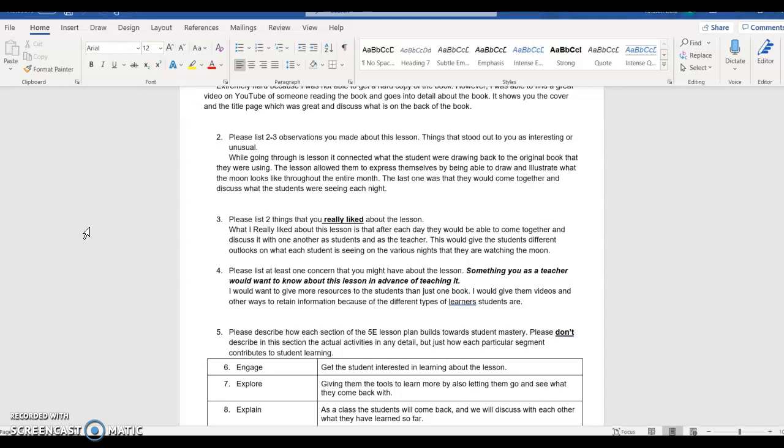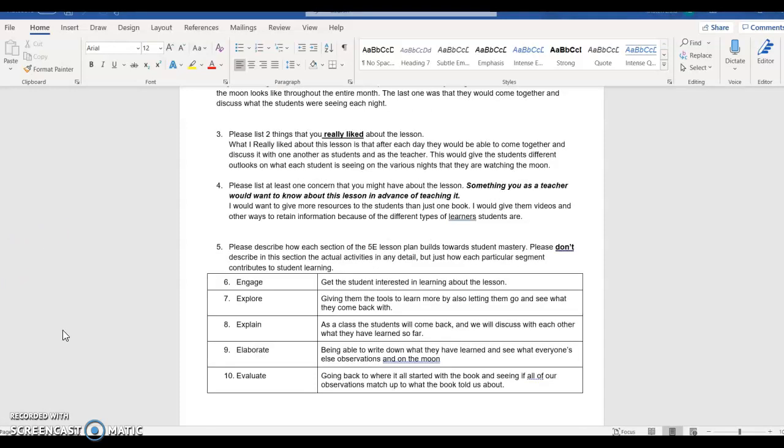The next part was the lesson allowed them to express themselves. They were able to draw and illustrate what the moon looks like throughout the entire month. And the last one that I really liked is that they would all come together and discuss it with the students and what they were seeing each night.